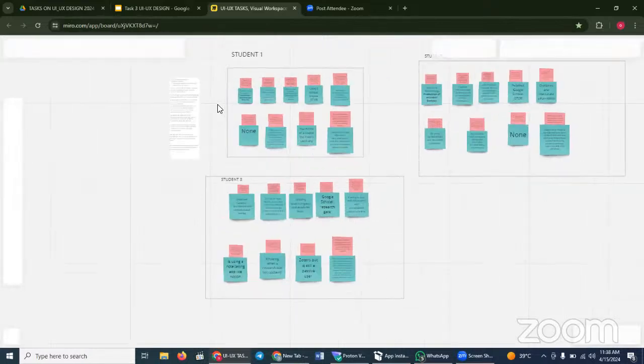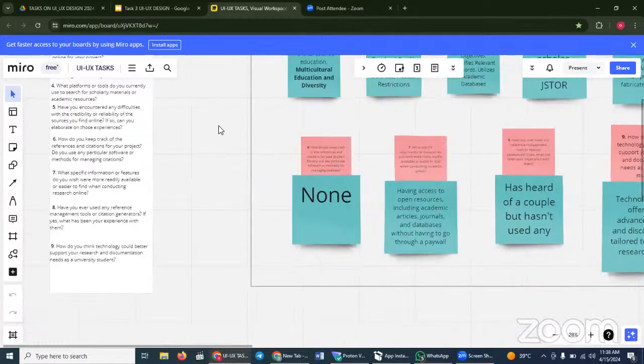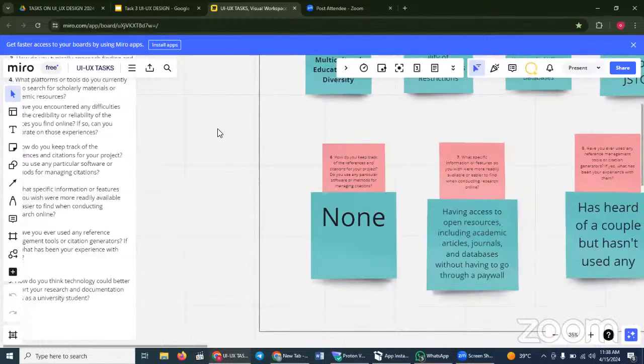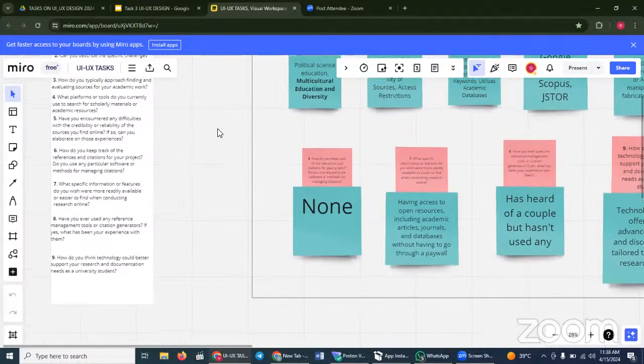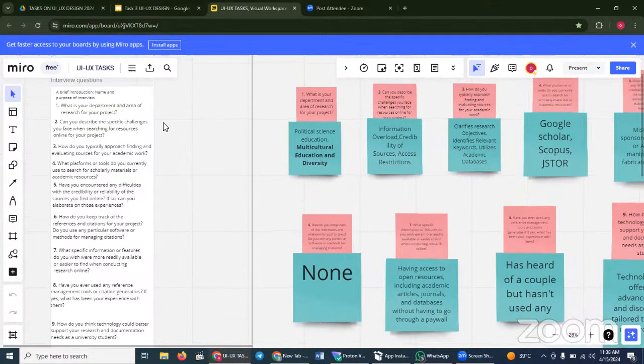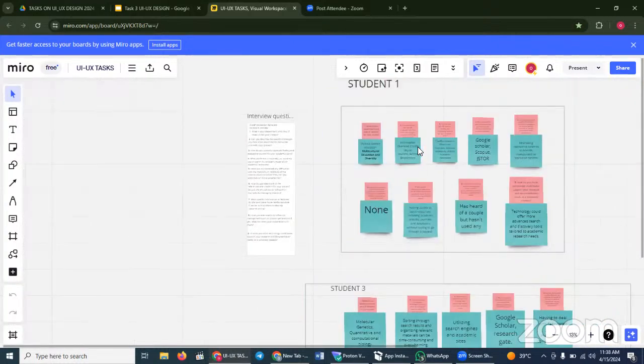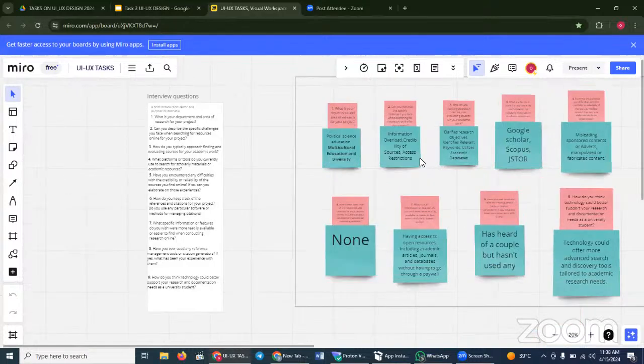I'm trying to zoom in so I can read all these tiny things. Okay. So my interview questions are on the left. For the first student, I have a block for each of their responses. For student one, their department is political science education.